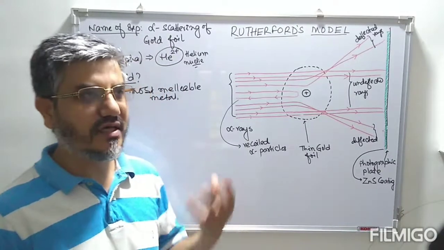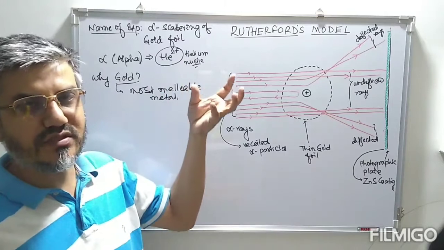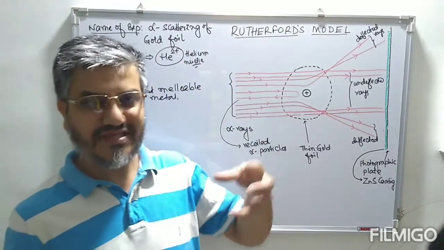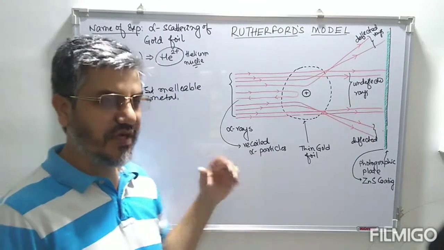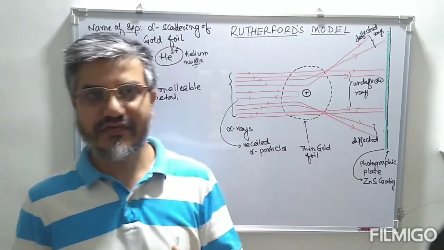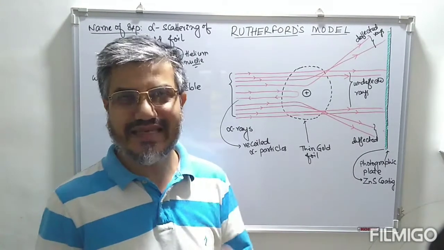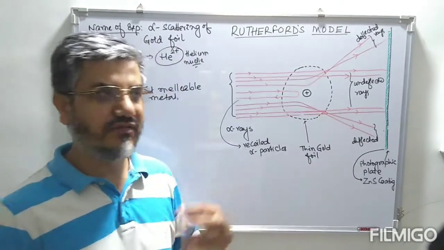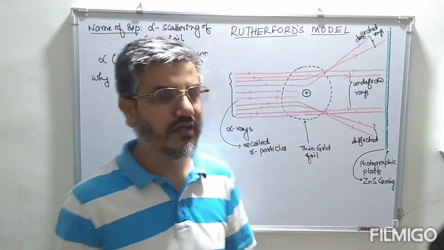Alpha particles are heavier particles, positive helium nuclei. So the helium nucleus is a massive particle. When this massive particle is passed through lighter metals having less positive charge, the deflection would be less. If the deflection were less, then the observation would have been slightly different.